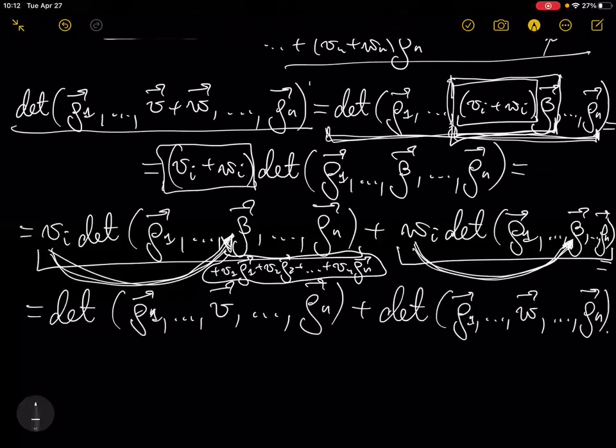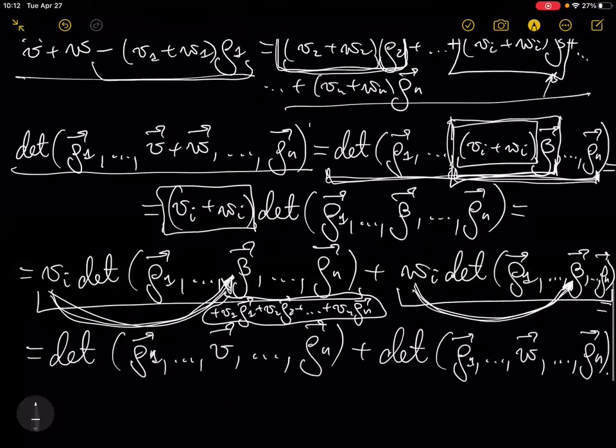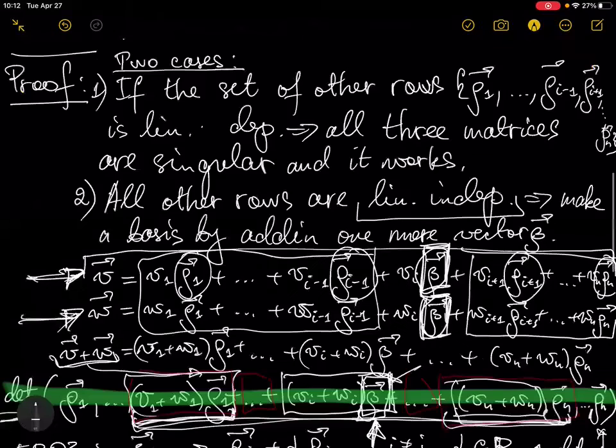Yes, because these are different rows. But then have a look at what I've got. I've got exactly V, because I added this term, not this one, which was already there with beta.